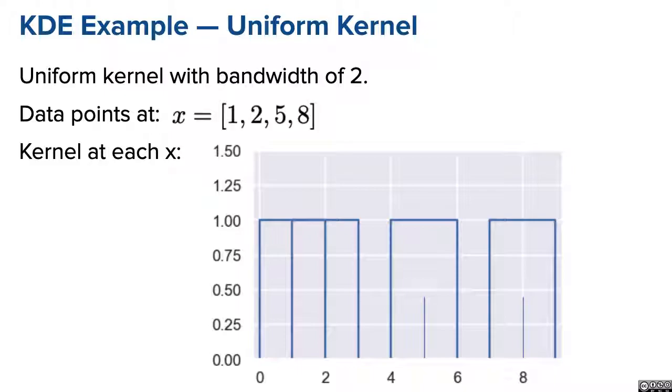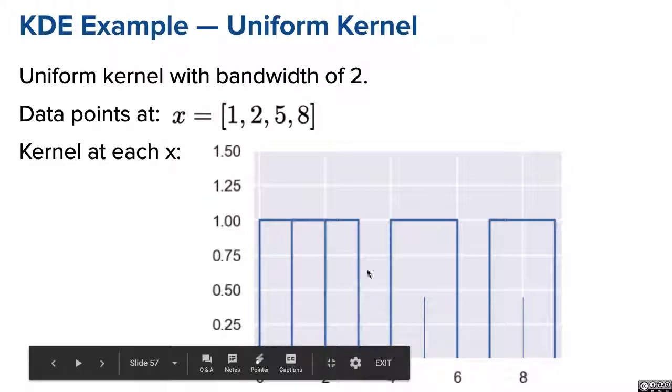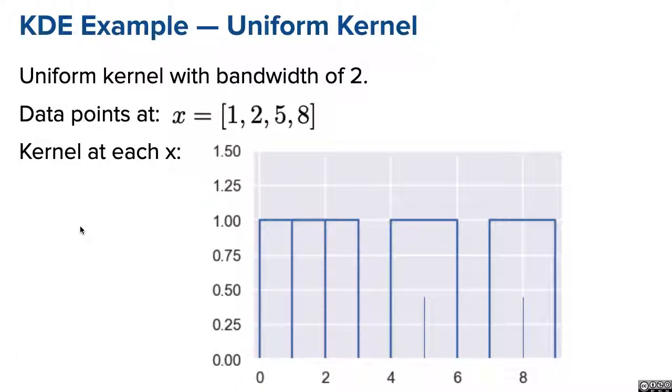Unfortunately on this plot here, we have the points 1 and 2, but those points are a little hard to see because the kernel overlaps with them. But you can see here that we have one box at x equals 1 and one box at x equals 2, and those two boxes overlap with each other.